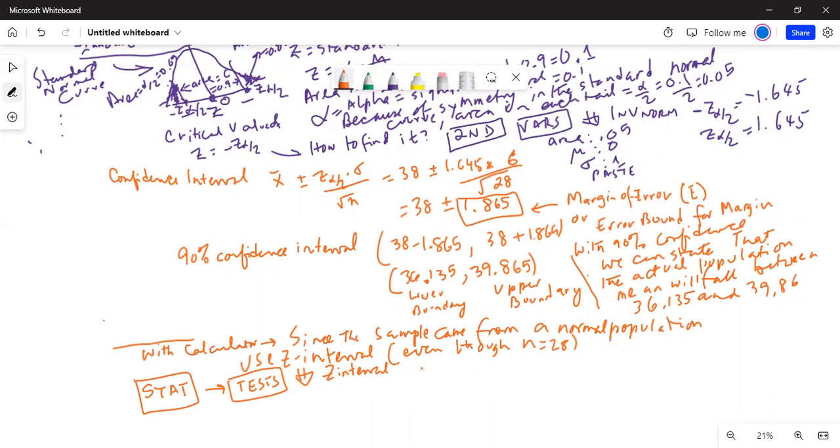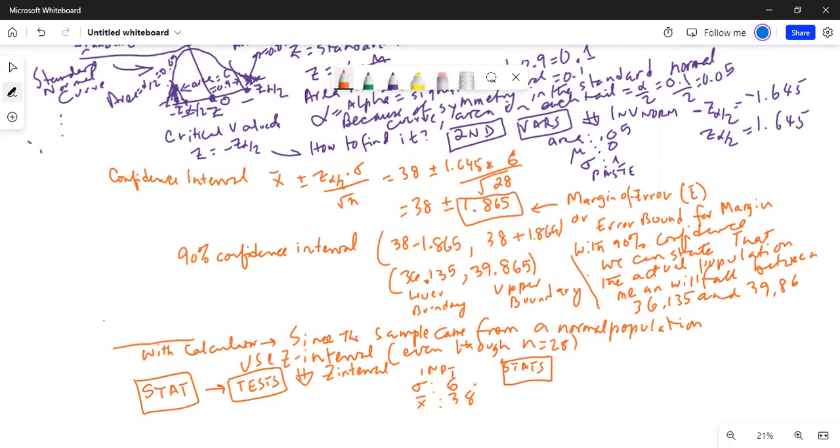First line, input should be on Stats. So put the cursor on Stats and hit enter so that it's flashing on Stats. Now the first thing you will put is sigma, which is 6. Then x bar is 38.